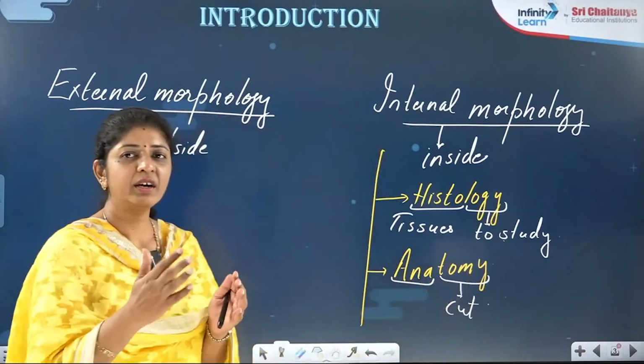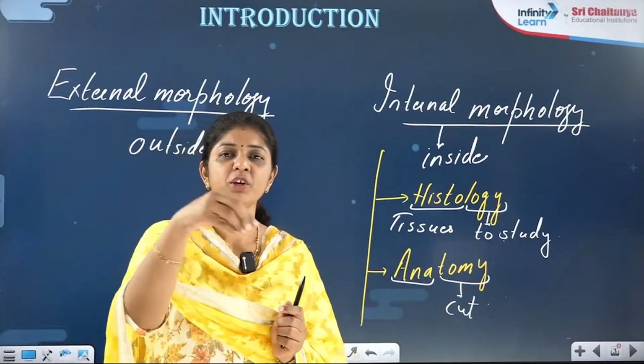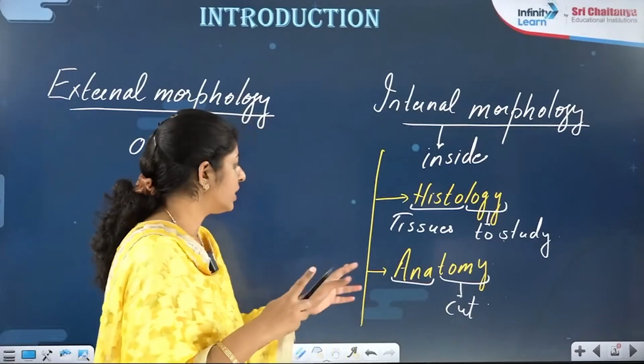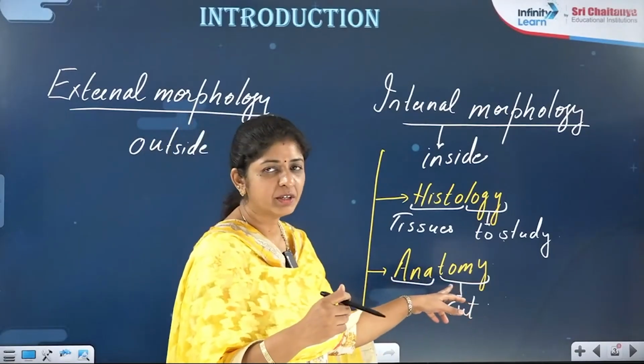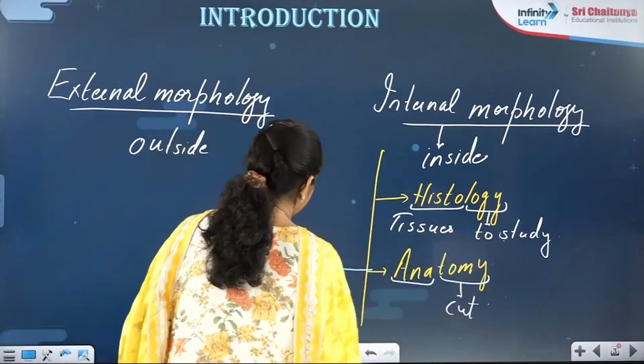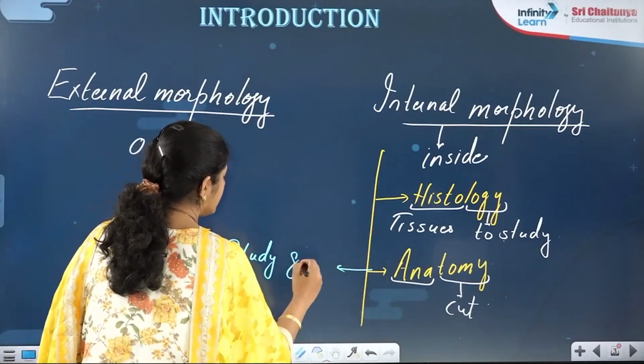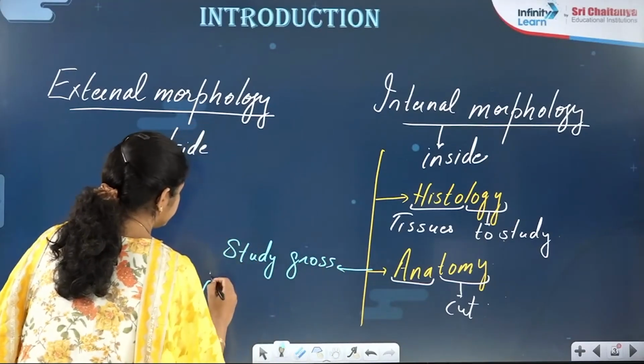When you cut across some part completely to see the arrangement of tissues there, that you call anatomy. So what is anatomy? That is the study of gross internal structure.